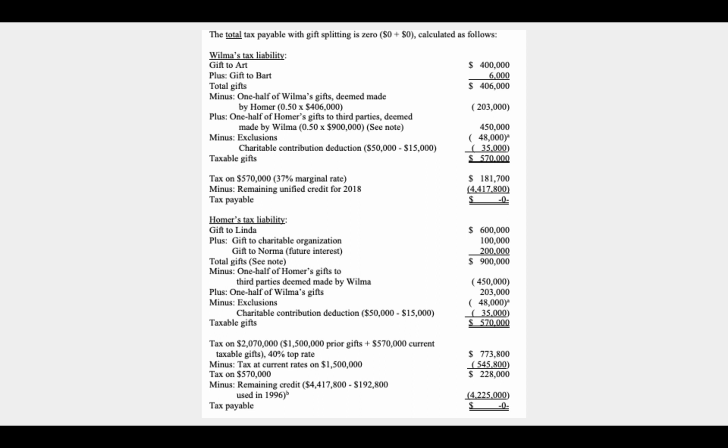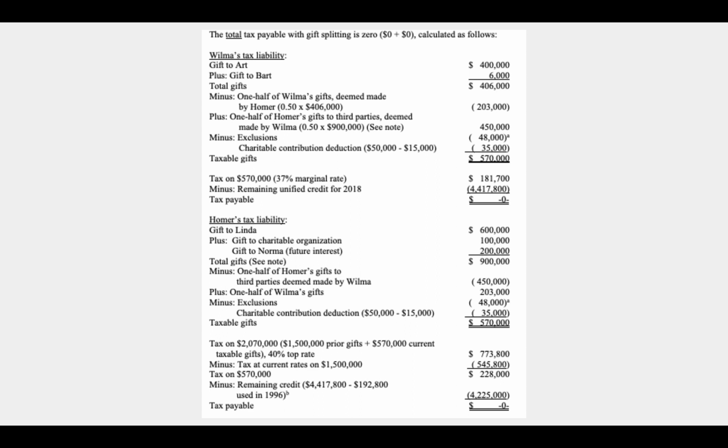She also gets a deduction for the charitable contribution, that $50,000 that we donated to a charity. She gets to take a deduction for the $50,000 minus her annual exclusion. So remember the total, it was a gift made by Homer. It was $100,000. We treat it as half made by Wilma and half made by Homer. They each get to deduct that as a charitable deduction. So her taxable gifts are $570,000.